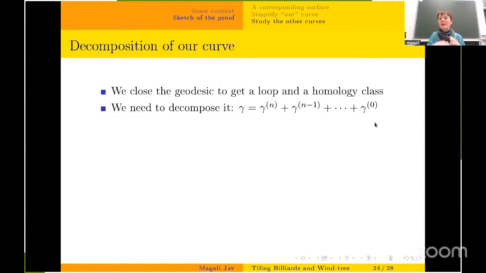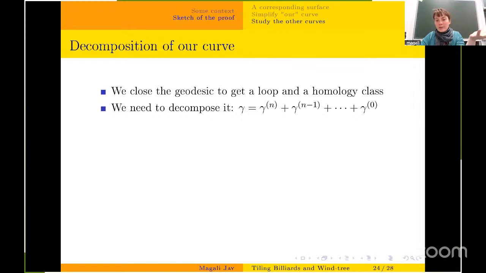And now, I have a sum of loops, and I can compute each intersection number in the right time scale. Each time scale corresponds to a point where the surface comes back near the initial surface. So I can compare the two.